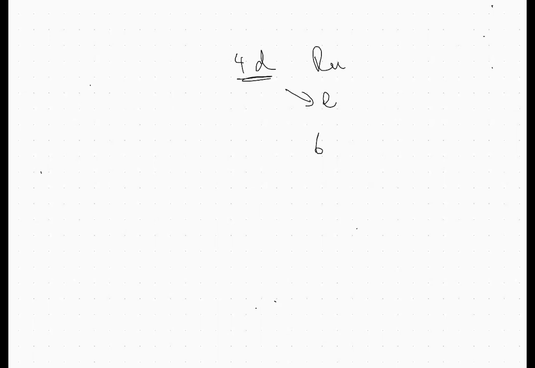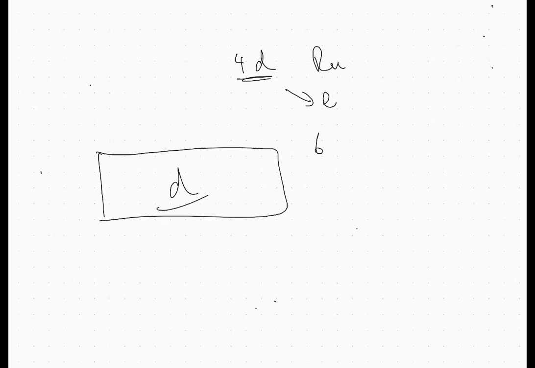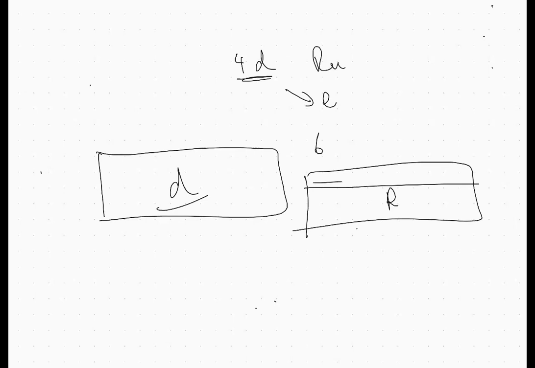Ruthenium comes to 1, 2, 3, 4, 5, 6. So that is d6. That's the filling pattern.